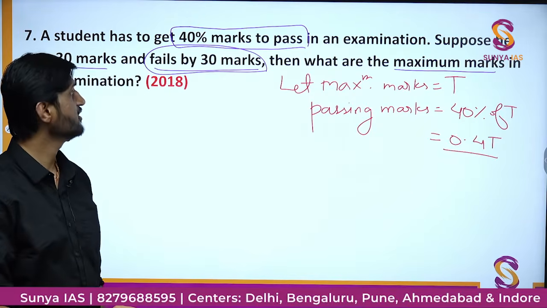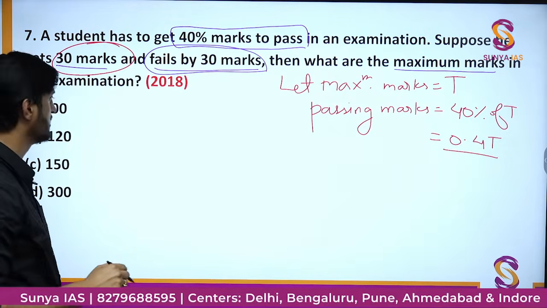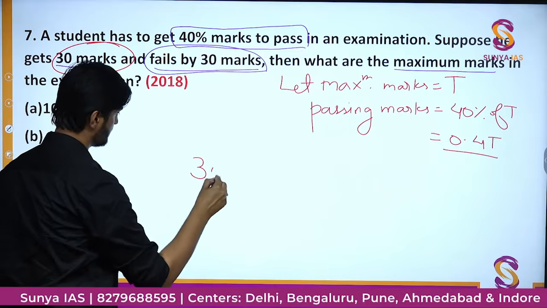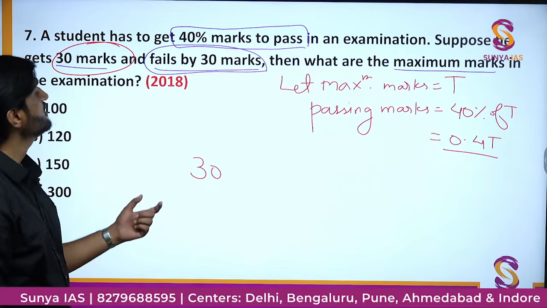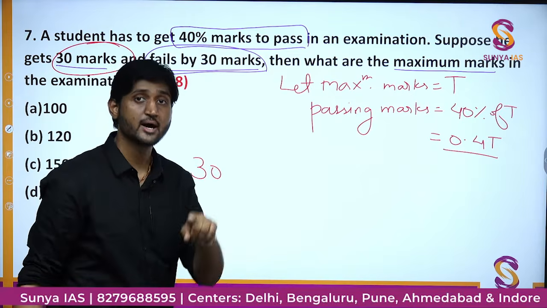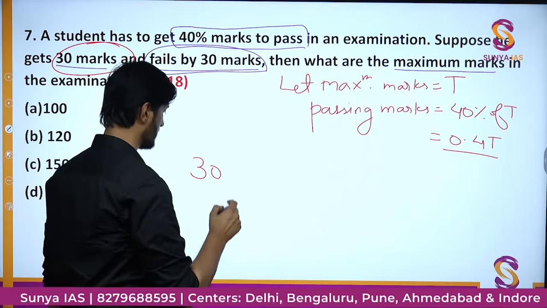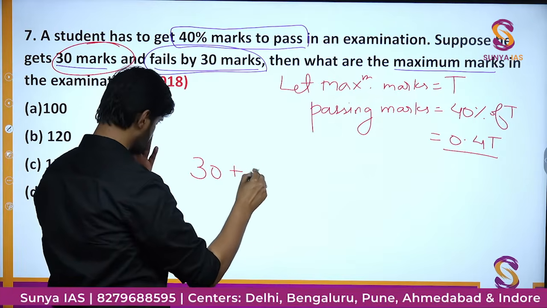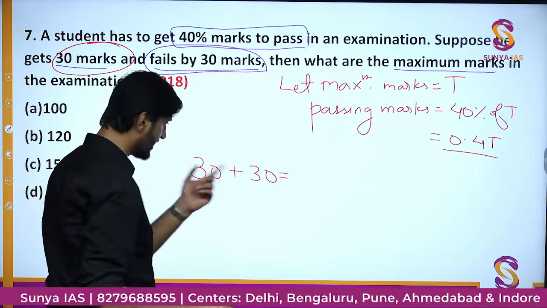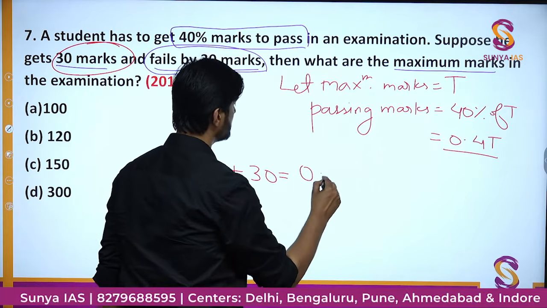And then further we are given the information that there is a student who is getting 30 marks, and if he had got 30 marks more, he would have passed, so he's failing by 30 marks. So if you add this 30 again, you will get the passing mark, and passing marks are 0.4 T.